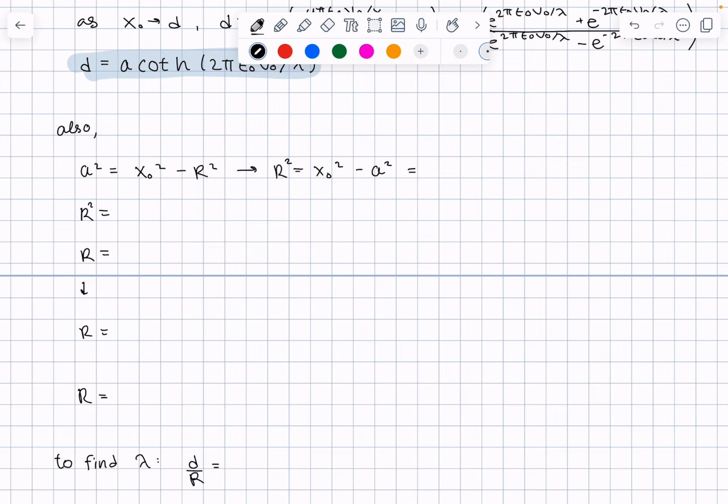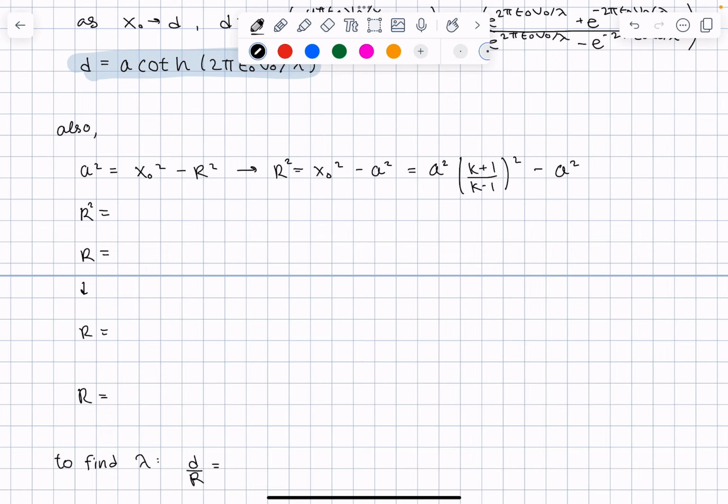Plugging in what we found for x naught, that's a squared times (k plus 1) over (k minus 1), squared, minus a squared.